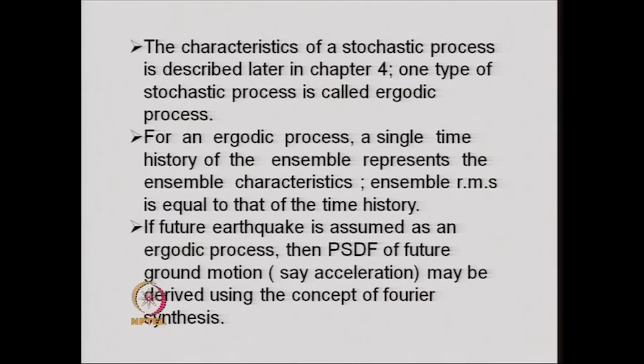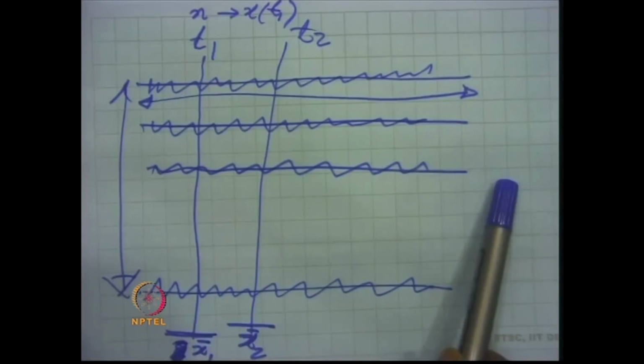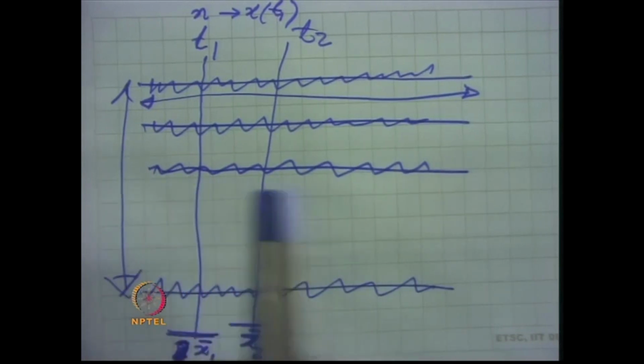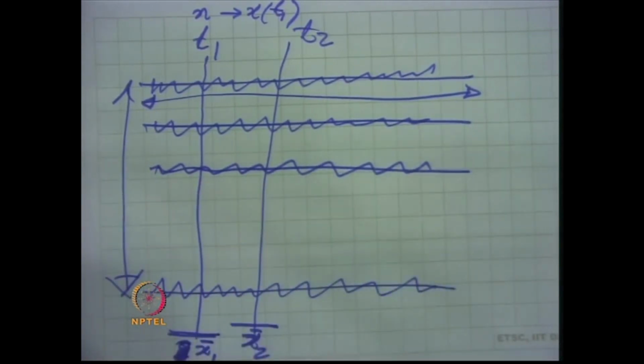Now, ergodicity means that if I take a single sample out of the entire ensemble, then this single sample has a mean square value along the time axis t.